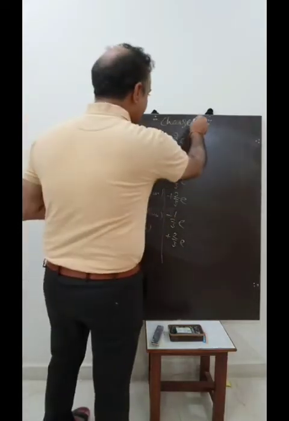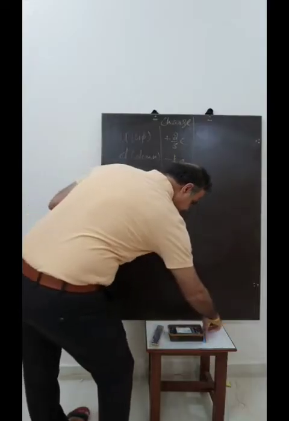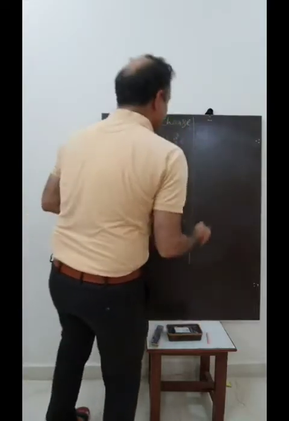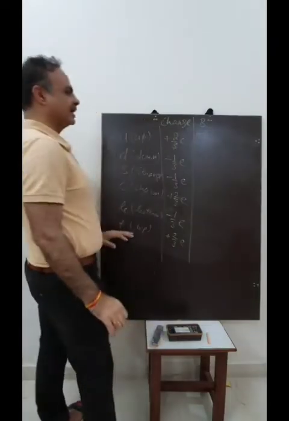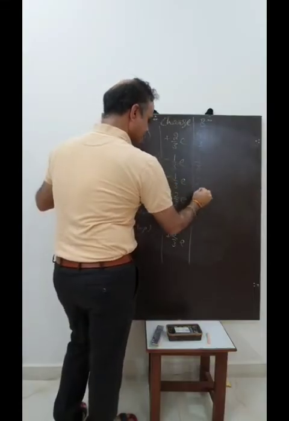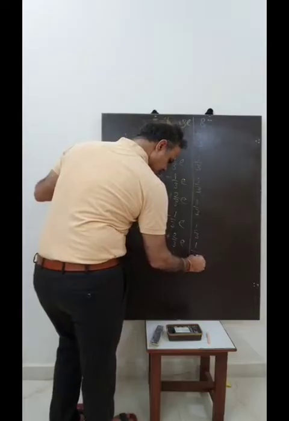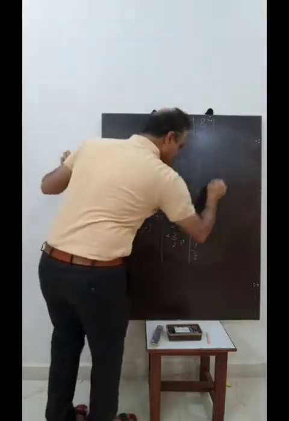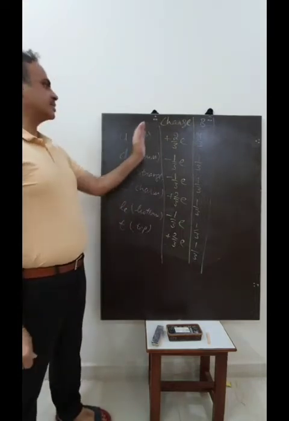Next, what is the baryon number? Baryon number B is 1/3 for all of these.